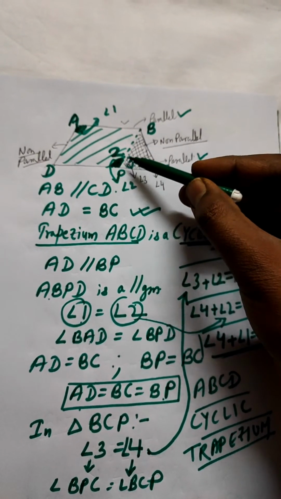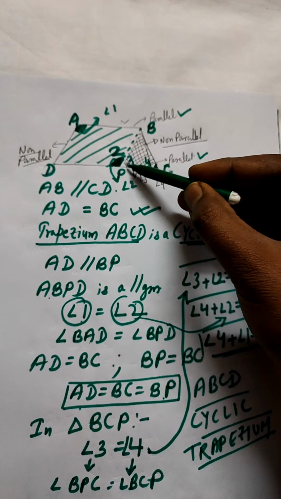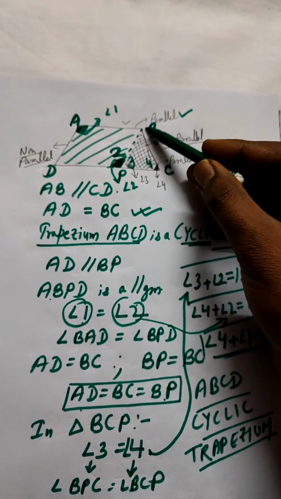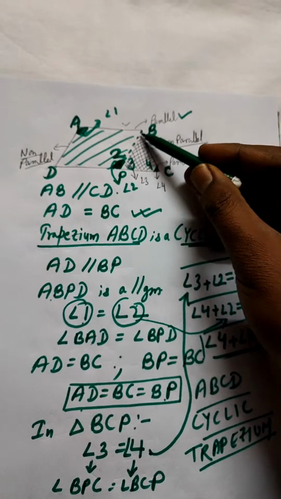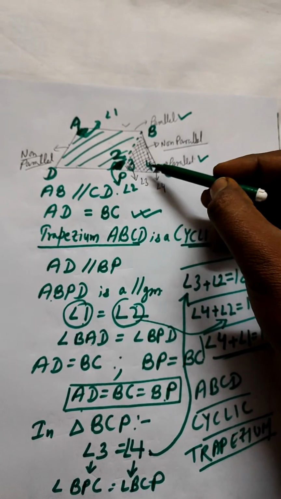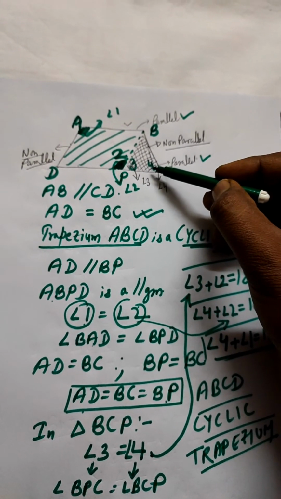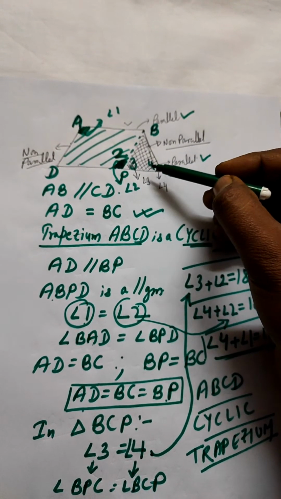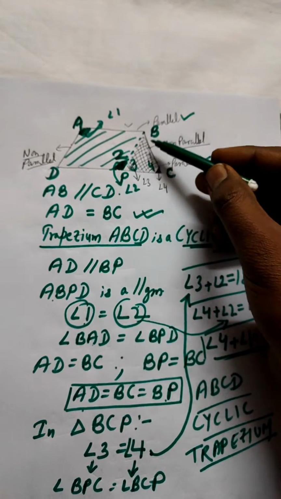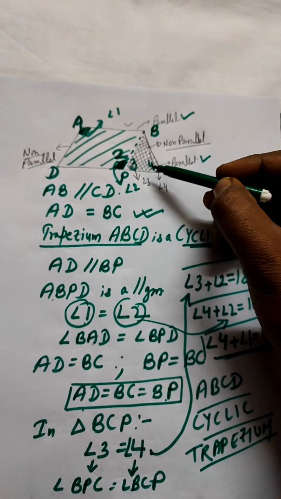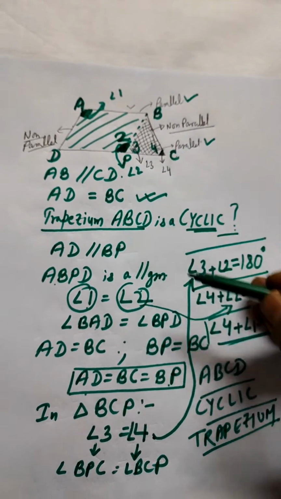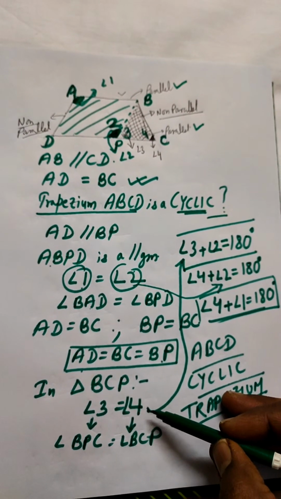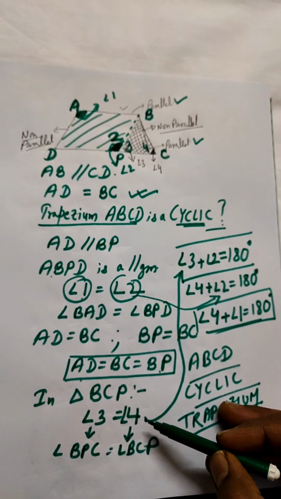We have proved BP is equal to BC, so angle 3 is equal to angle 4, right? So I have written the same over here: angle 3 is equal to angle 4.